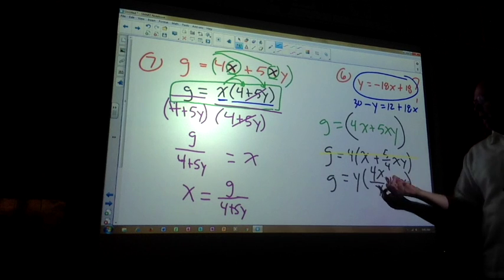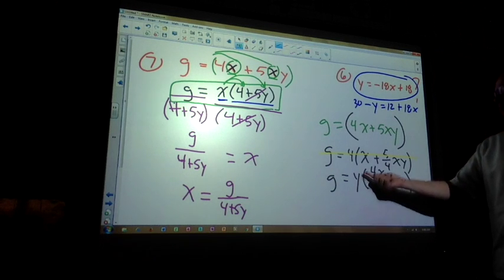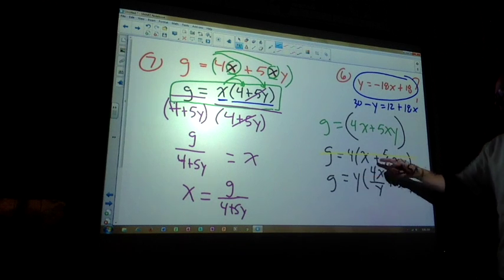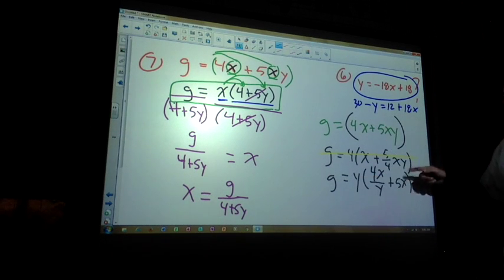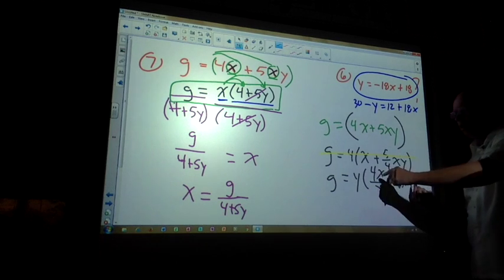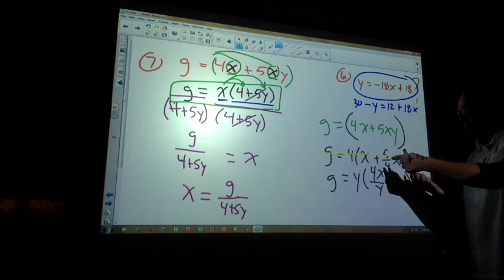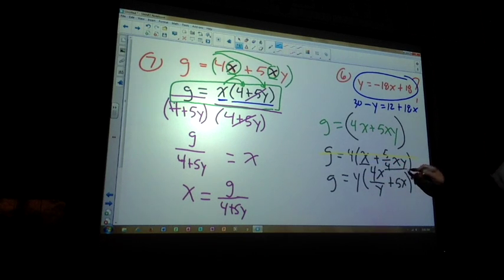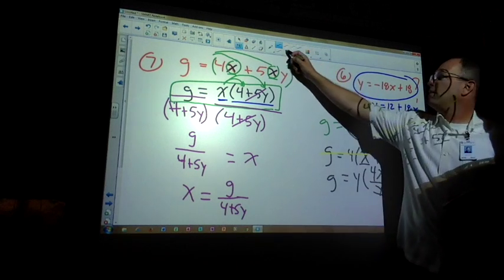If I factor a y out of both, and redistribute, y times this, the y's cancel, which gives you the 4x. If I go y times this, that gives you 5xy. But that still doesn't help us because we still have this x problem. What I was doing is seeing if we could put together the x somehow. But those are unlike terms because you have x, y. So I'm going to eliminate that thought.